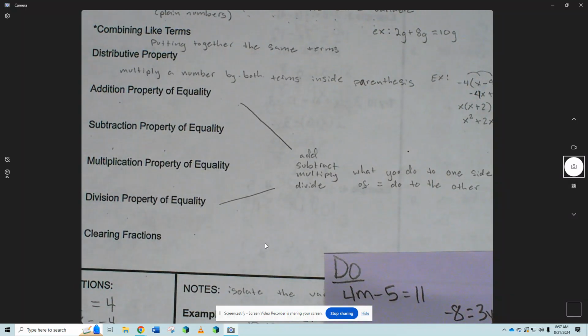Whatever you do to the left, you do to the right. And clearing fractions we're going to do tomorrow.